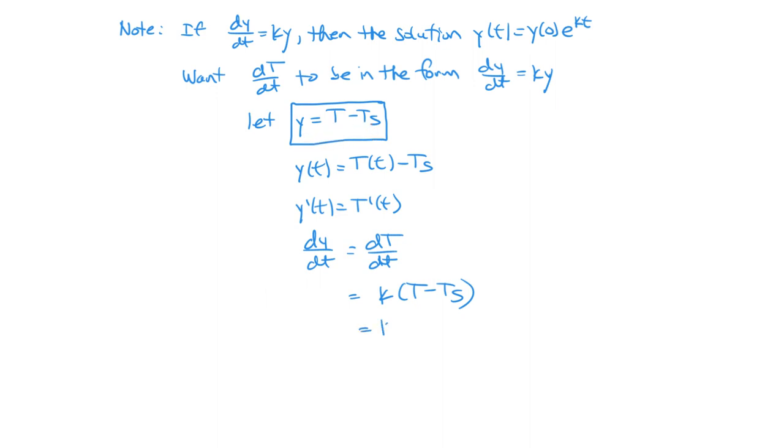So this is equal to ky. So basically we have dy/dt equals ky. Then we can use this to find y. And once we have y, then we can find T because we can go back to this equation.